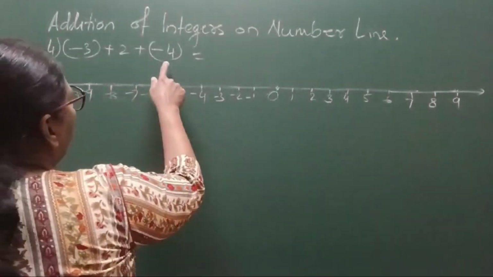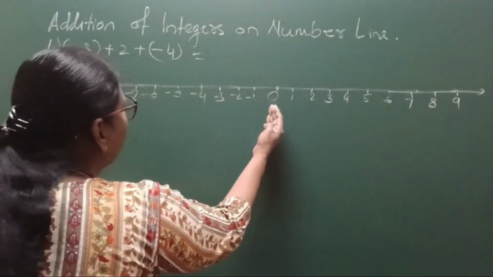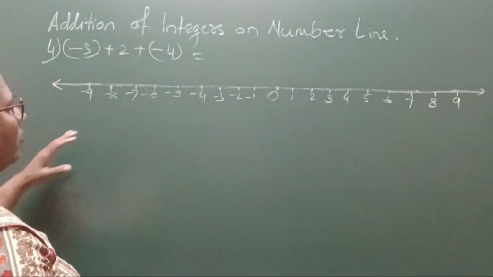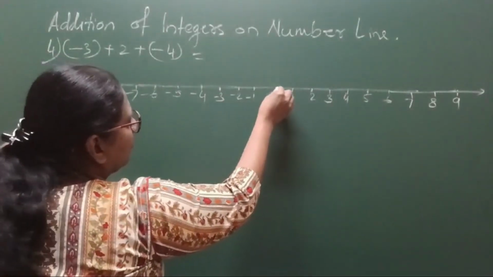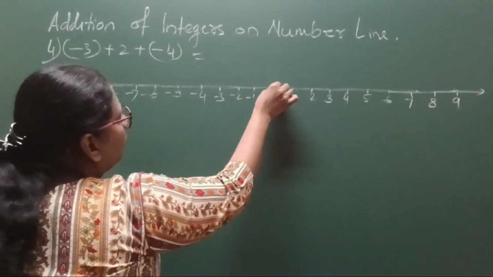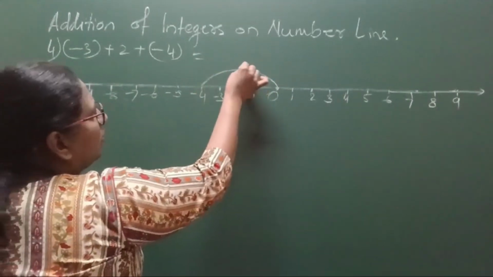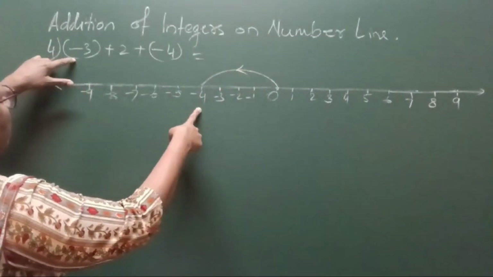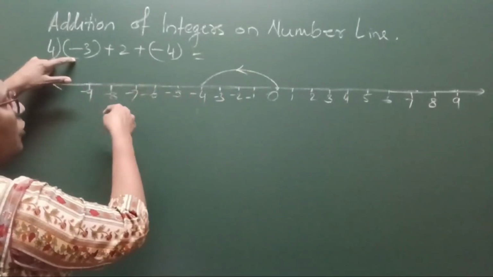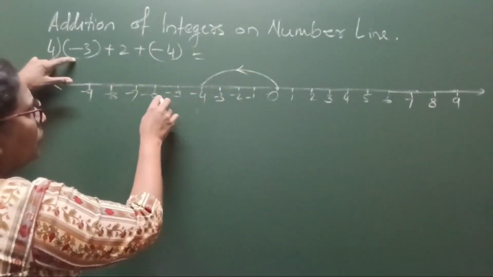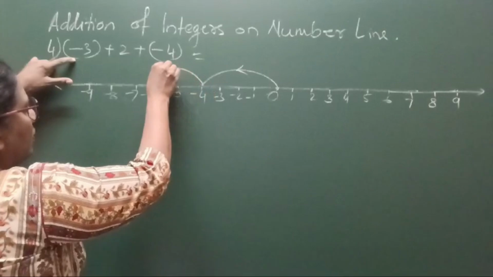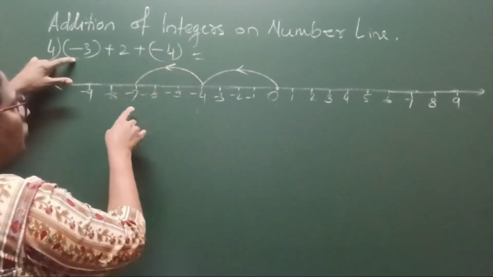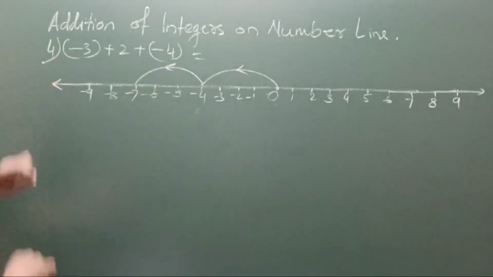First we'll go -4. That means we have to move towards the left on the number line. Minus 4. Then again minus 3. That means again 3 units we have to move. 1, 2, 3. So it is on minus 7 now.